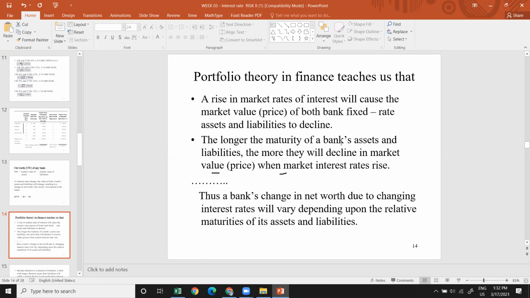The longer the maturity of the bank's assets and liabilities, the more they will decline in market value, the more volatile they will be to changes in the interest rate. So the bank's change in net worth due to the change in the interest rate will depend upon the relative maturities of the assets and liabilities.